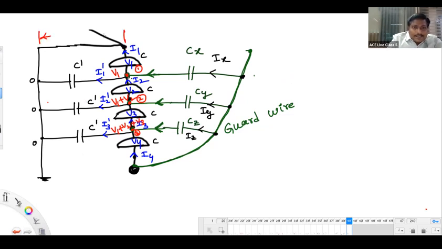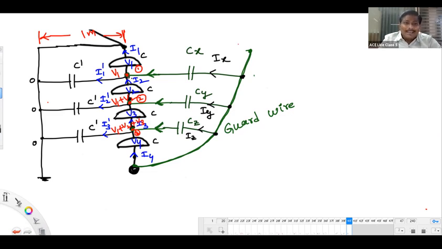Let's say the distance is 1 meter gap. What is each capacitance C dash here?